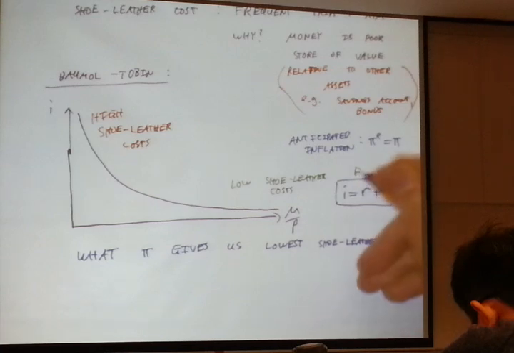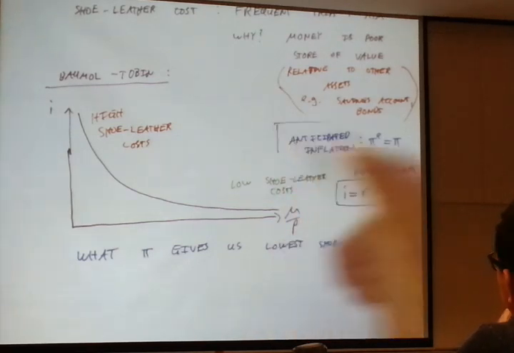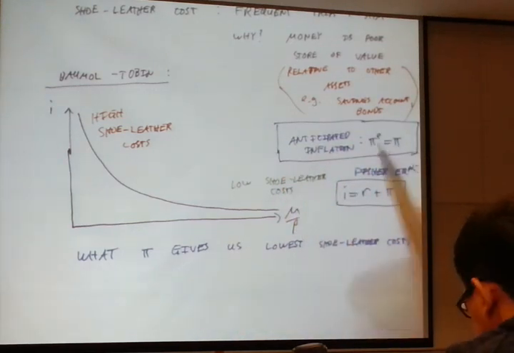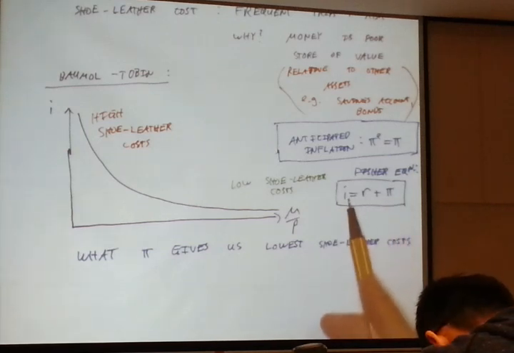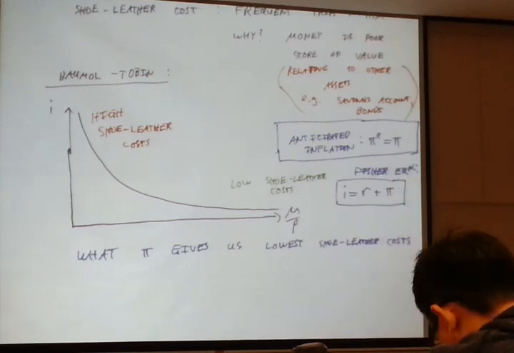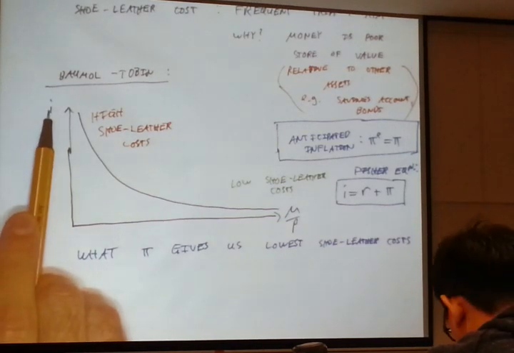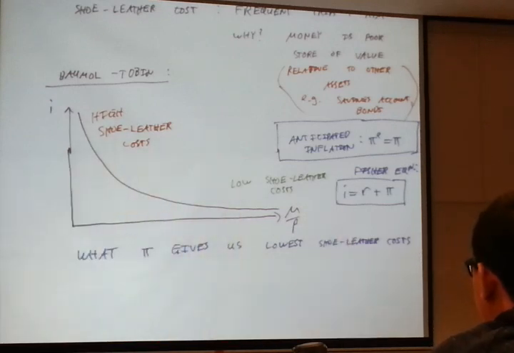I'm writing down a Fisher equation as well, which we'll need in this question. We're talking just about anticipated inflation, actual inflation equal to expected inflation. The Fisher equation links nominal, real, and expected inflation, equal to actual inflation here. We have a diagram linking nominal interest rates and money demand, but there's also a connection with shoe leather costs.